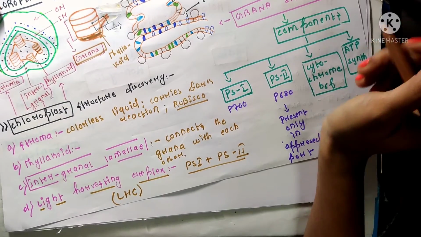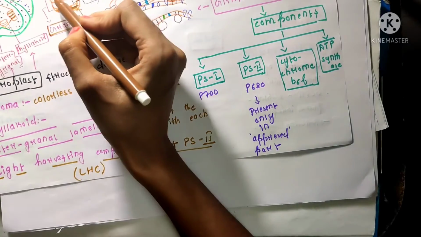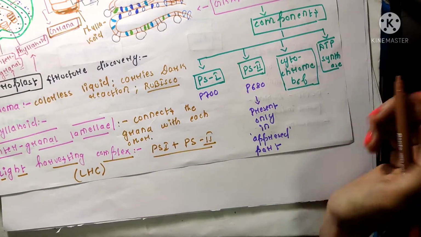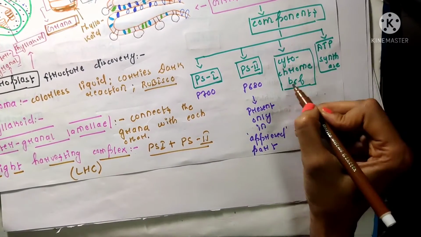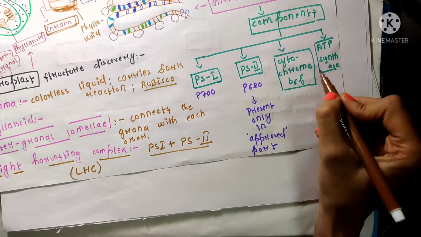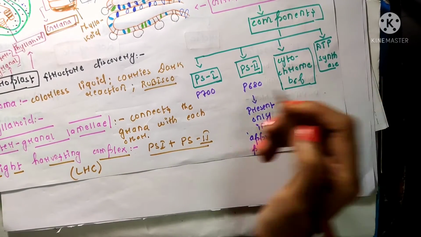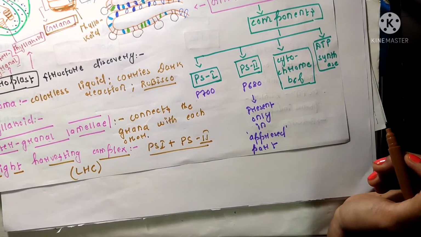Now, what are the components of the electron transport system present in the thylakoid or in the grana of the chloroplast? The first component is PS1, the second is PS2, the third is cytochrome B6F, and the fourth is ATP synthase. PS1 and PS2 are light harvesting complexes.